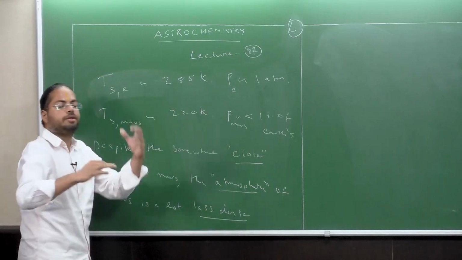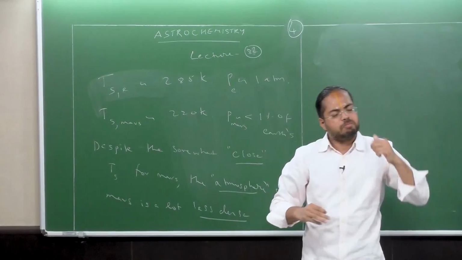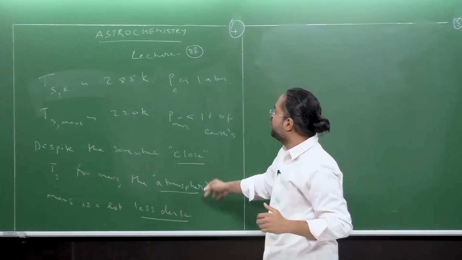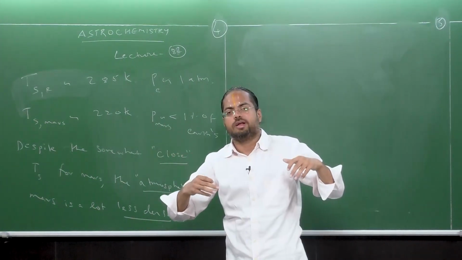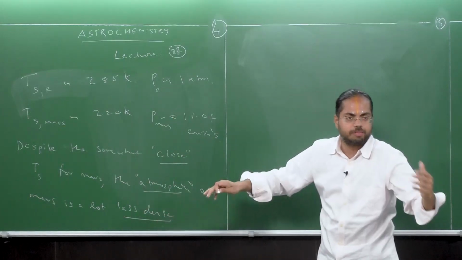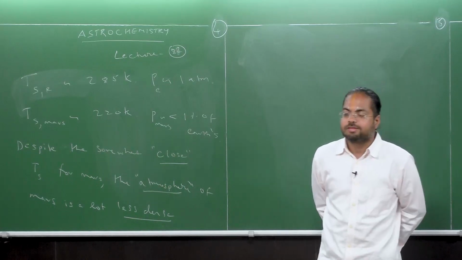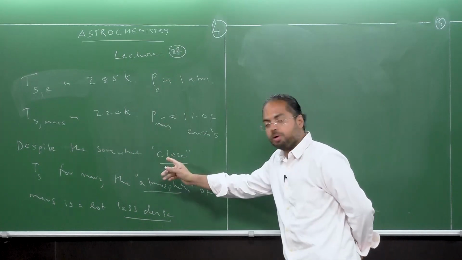When you compare density in terms of mass per unit volume, Mars is only about 2% as dense as Earth. The atmosphere of Mars is only about 2% as dense as the atmosphere of Earth. Now, this is also a problem, correct?